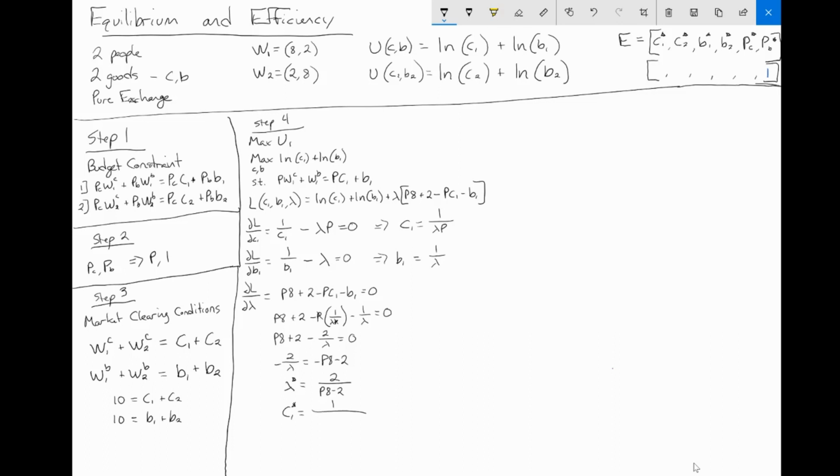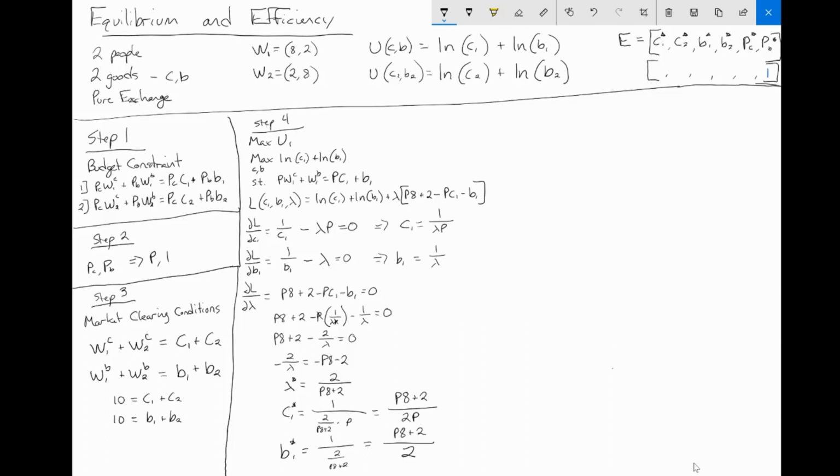Okay, so C1 will be 2 divided by P8 plus 2 times P. All right, and then B1, we will plug the lambda back in, and it's just 1 over 2 over P8 plus 2. All right, so that simplifies to P8 plus 2 over 2. All right, so those are our optimal consumption of cereal and bagels for person 1.